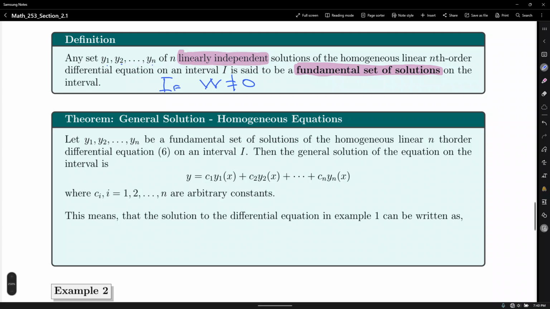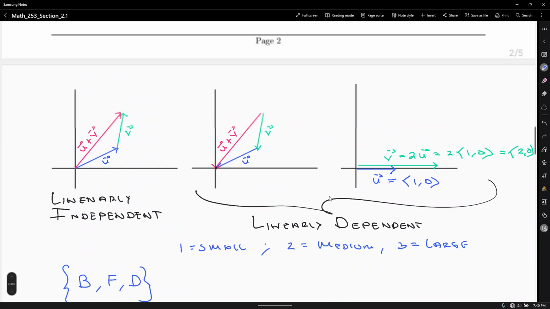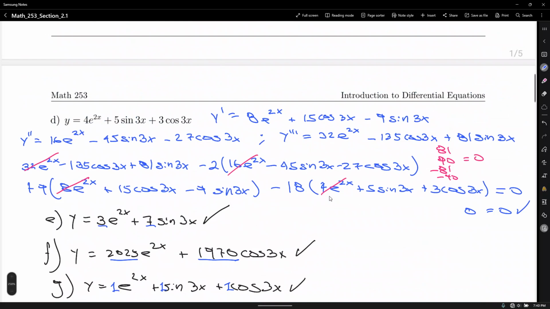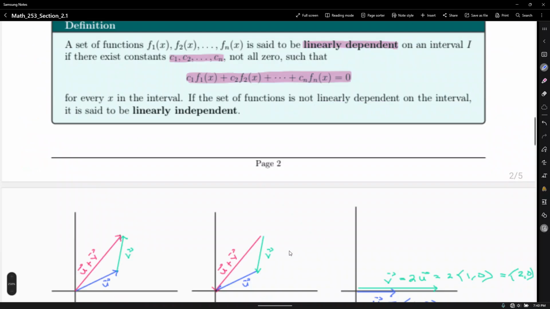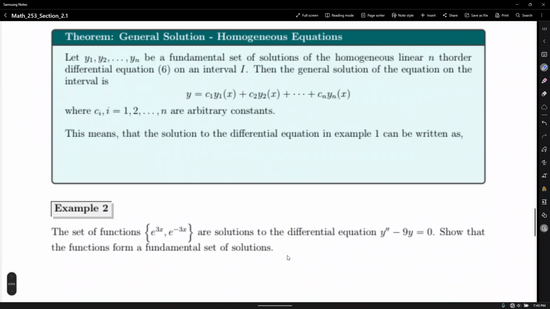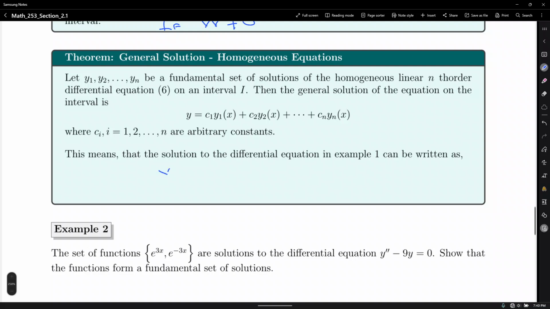For instance, this means that the solution to the differential equation in the preliminary example right here, in which we're working with the three of them, we can write the solution as y equals c1 e to the 2x plus c2 sine 3x plus c3 cosine 3x.